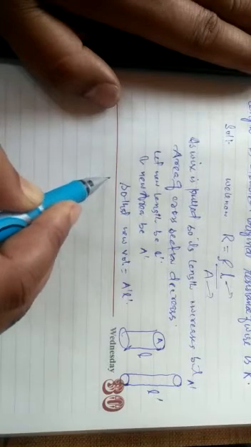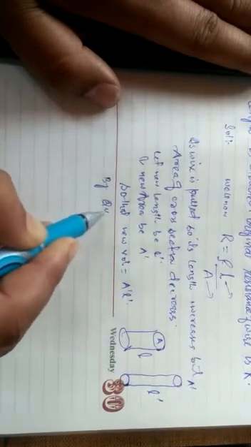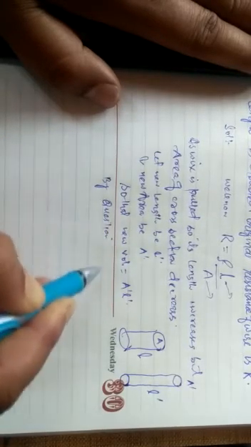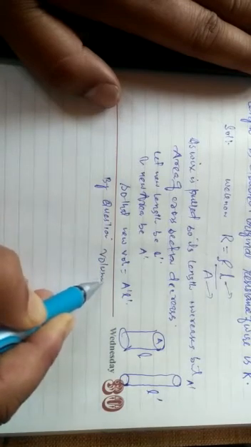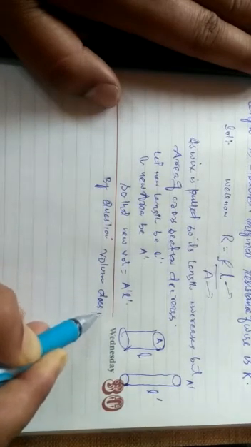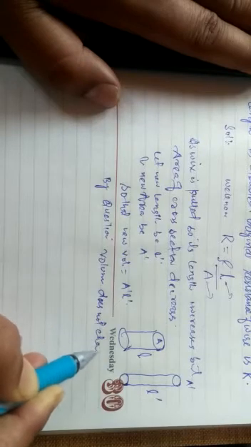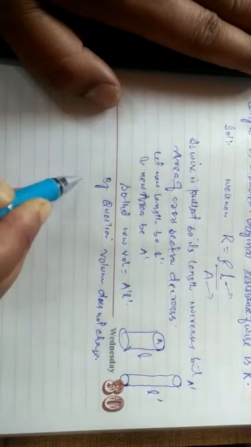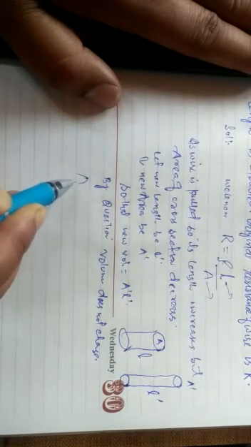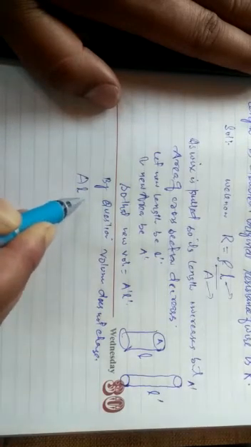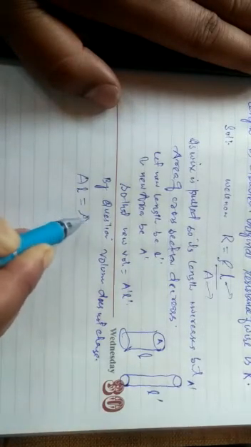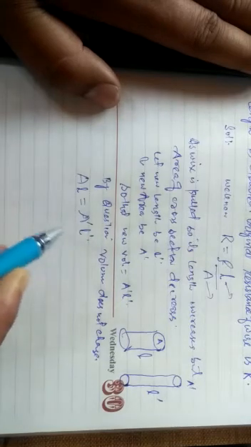By the question, the volume does not change. So the initial volume is A times L, and the new volume is A dash L dash.